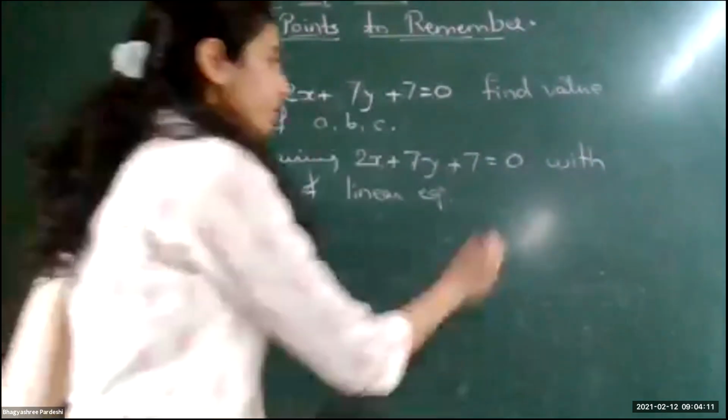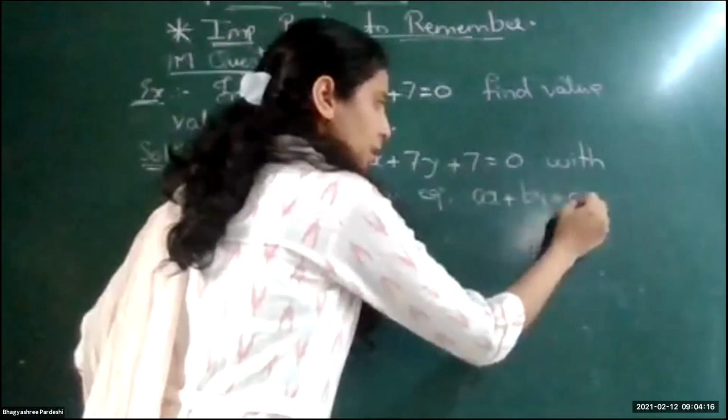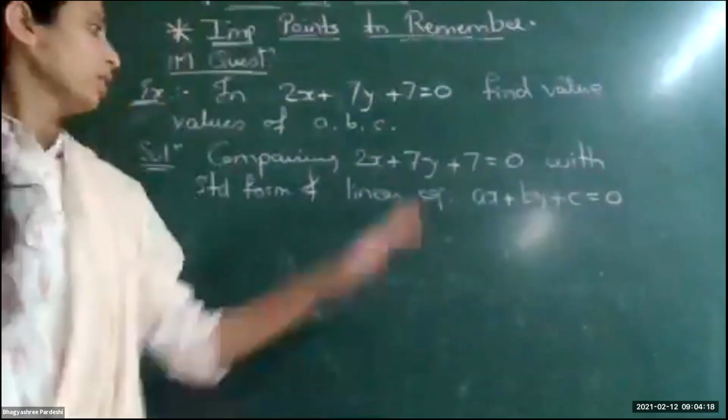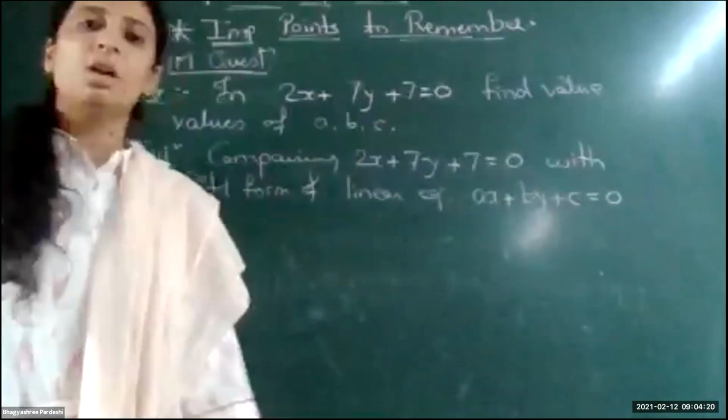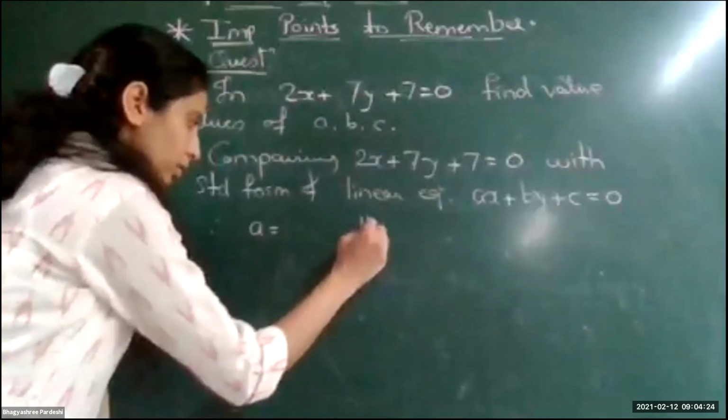What is that standard form? It is ax plus by plus c equals 0. So compare this with this, and after comparing we will get the values of a, b, c.